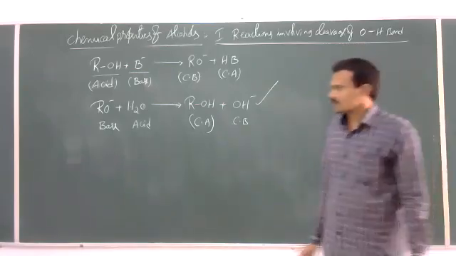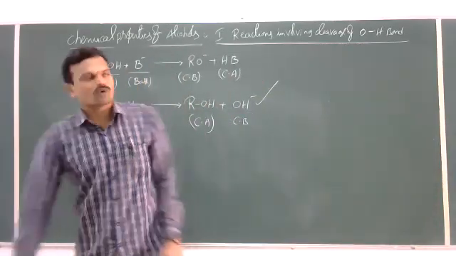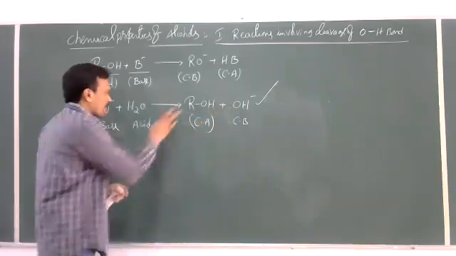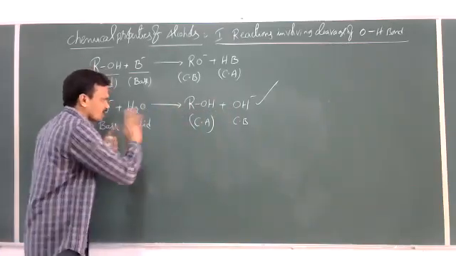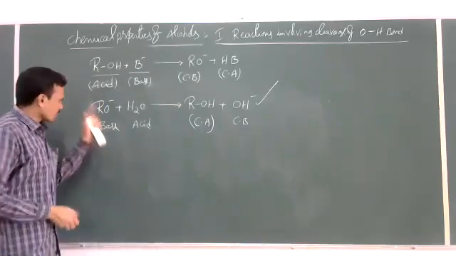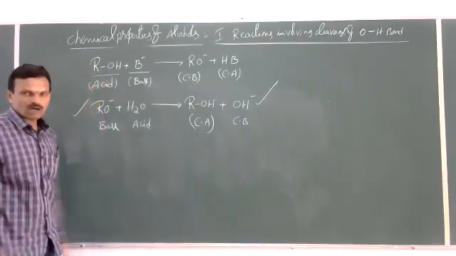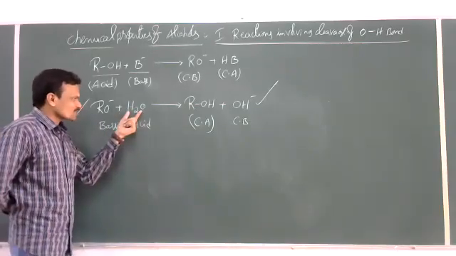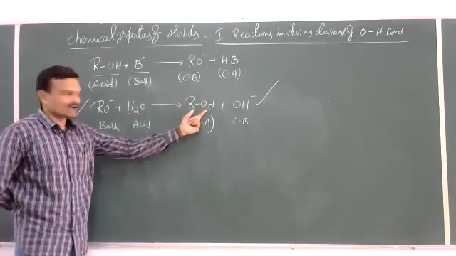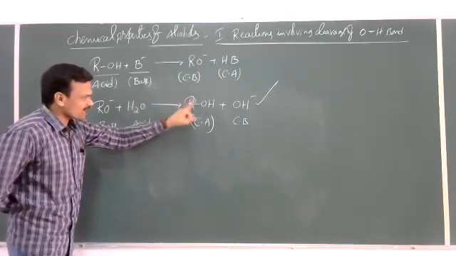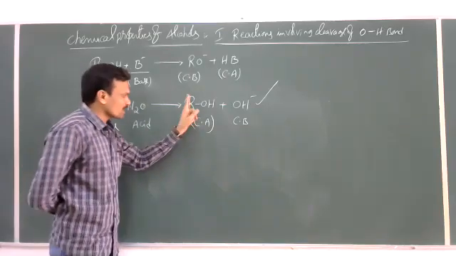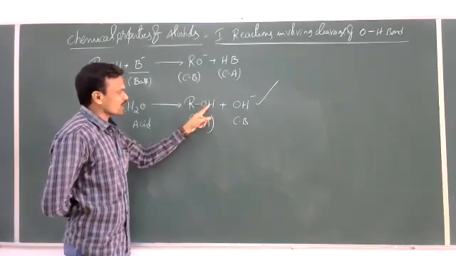Now if you observe both the equations clearly, in the second equation, RO minus combines with water to form alcohol and liberate OH minus. Here the backward reaction does not take place; we have mentioned only the forward reaction. So from this reaction, we come to know that water is a stronger acid than alcohol. Suppose alcohol were a stronger acid than water, then what should happen? The alcohol should transfer a proton to OH minus.